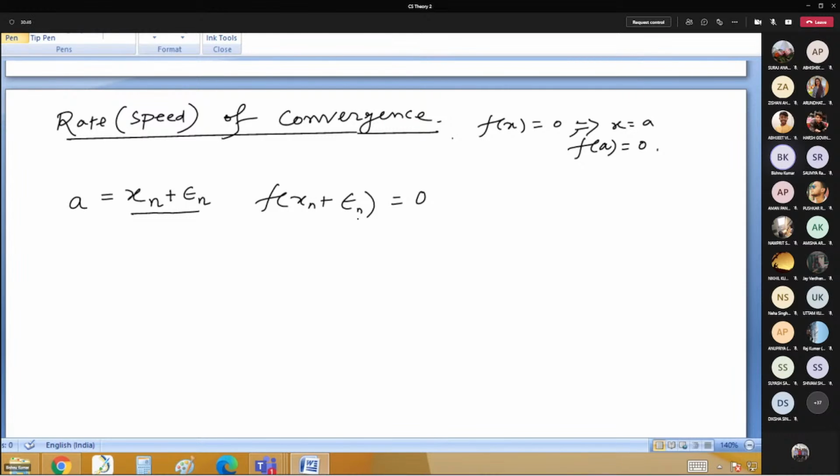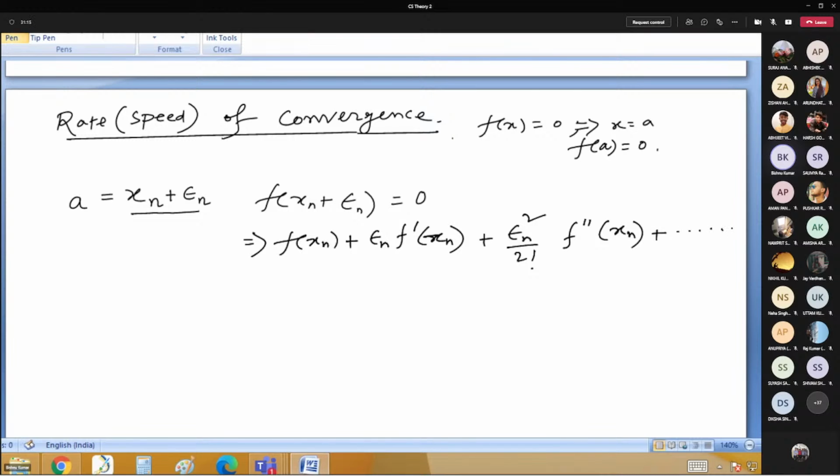Epsilon error is small, so write this expression in terms of the Taylor series expansion. This will be f of xn plus epsilon n f dot xn plus epsilon n square by factorial 2 f double dot xn, up to infinity, the infinite Taylor series.